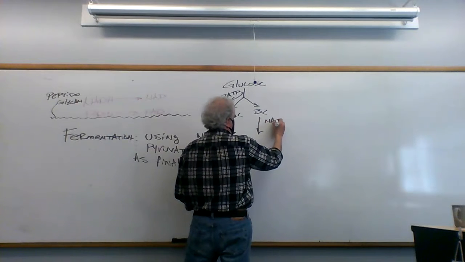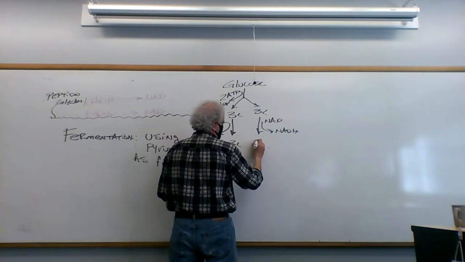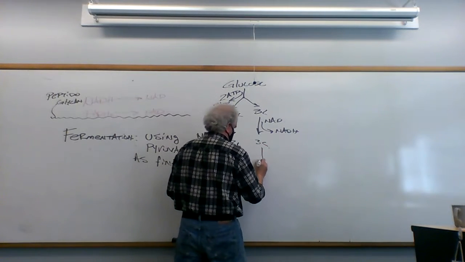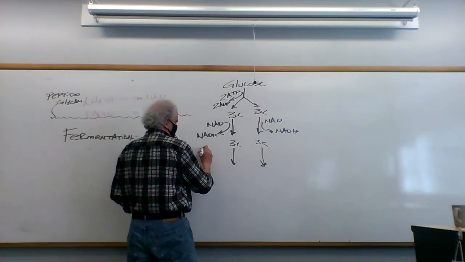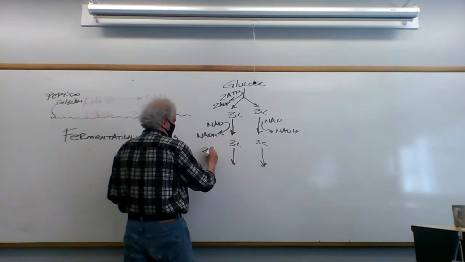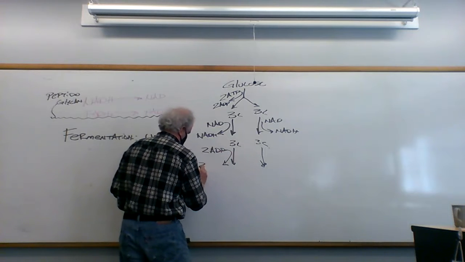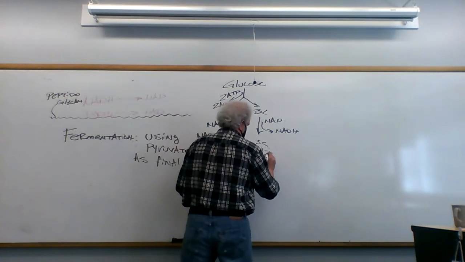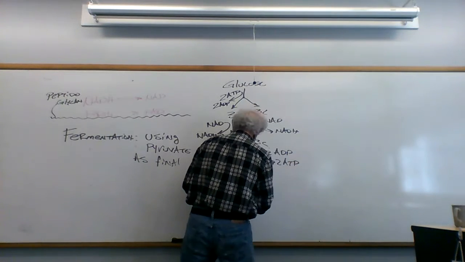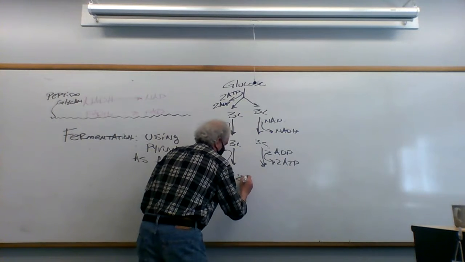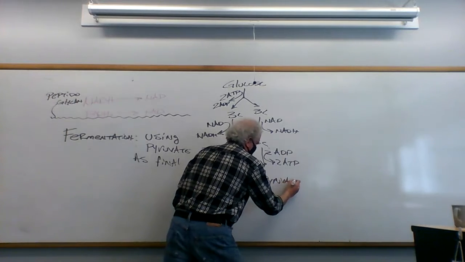Same thing happening with that guy. Still got 3 carbons. The next step is the ATP regenerating step, where each one of these 3 carbons is able to catalyze and provide the energy for the phosphorylation, or the rephosphorylation of 2 ADPs to 2 ATP. And we end up with 2 3-carbon pyruvic acids, or pyruvate.